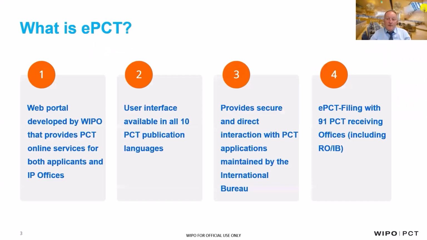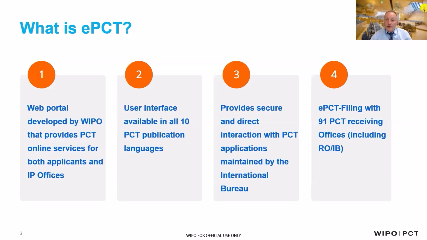So what is ePCT? First of all, it's a web portal developed by WIPO that provides PCT online services for both applicants and IP offices, because ePCT is used by applicants in order to file and manage their international application. But on the other hand, you have IP offices like the receiving office, like the International Searching Authority, who are also using ePCT in order to process international applications.